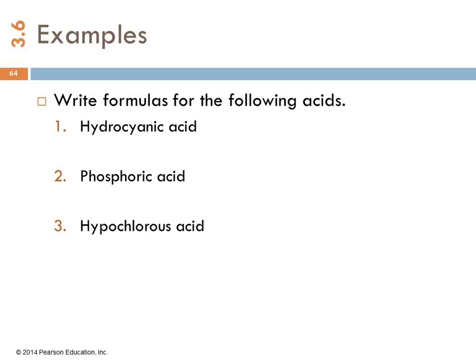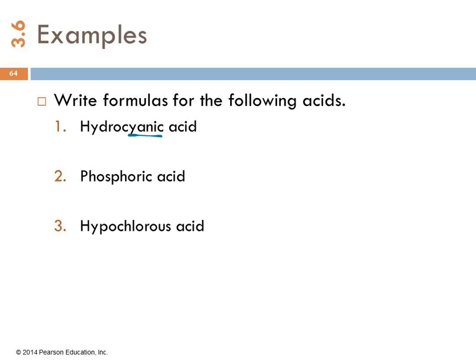And of course, the first one doesn't quite fit the pattern because I don't like the way they defined binary acid. This guy, hydrocyanic acid, is named like a binary acid even though technically it's not binary.